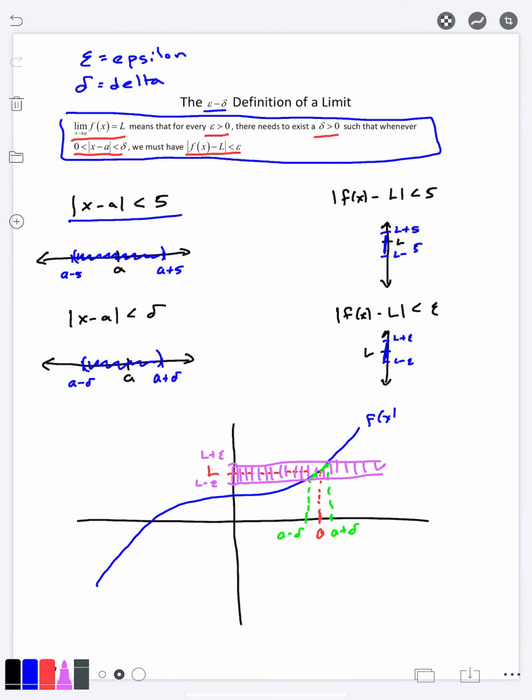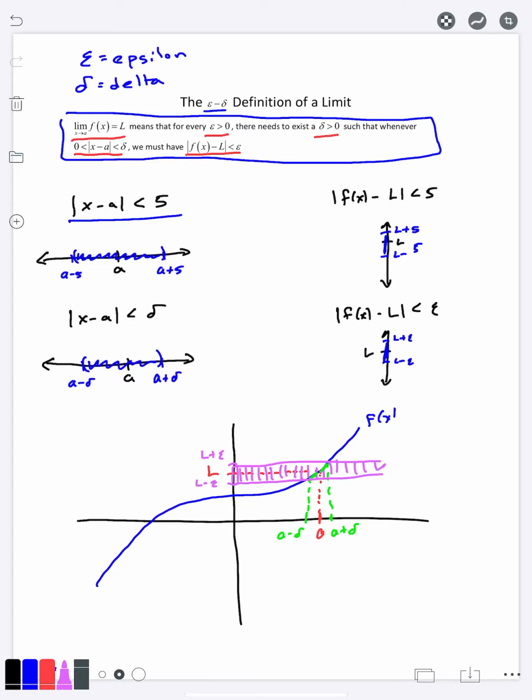So the idea is you have a graph, you have a value that they give you, you have the limit, and no matter how close to the limit in purple you want to be, you're guaranteed to find some green area on the x-axis where the entire green area is going to be contained in the purple area.